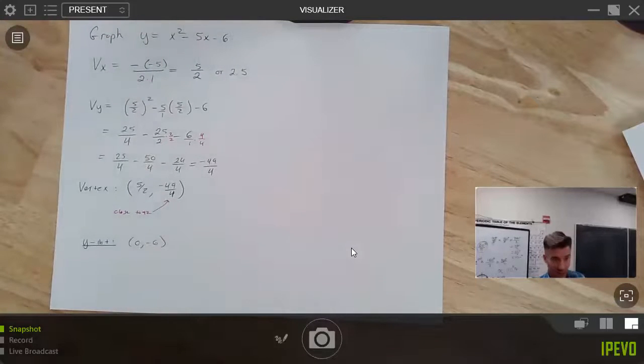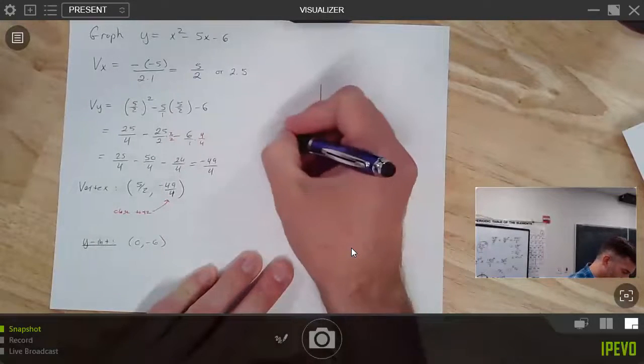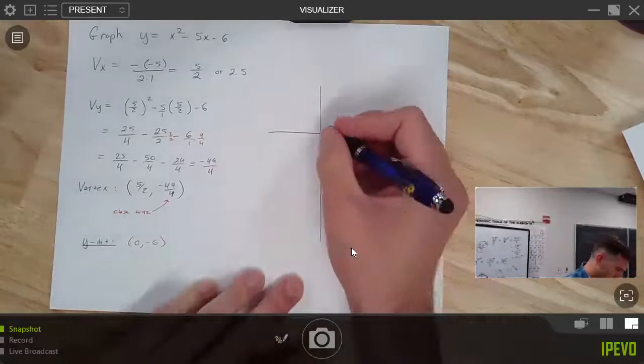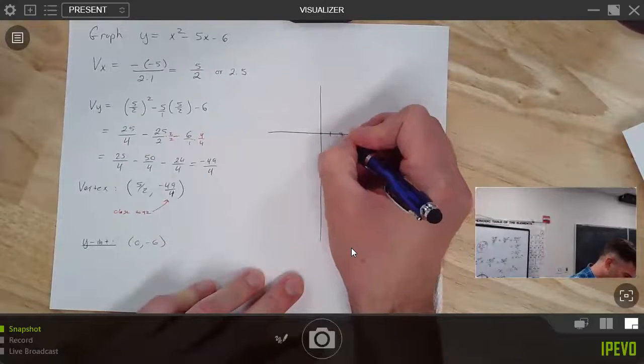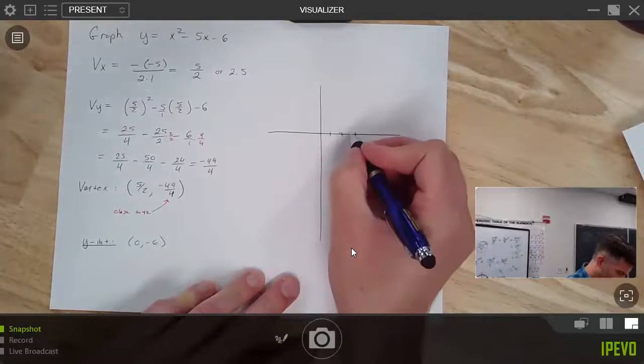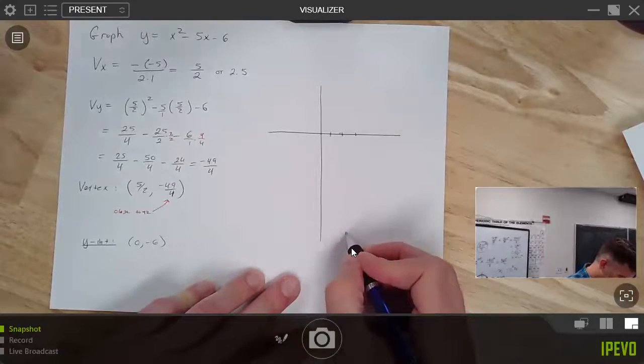Once again, if I'm graphing this, I don't want to start finding x-intercepts until I've determined that there actually are x-intercepts. So I'm going to try and plot some of this just to make sure I know what's going on. Here's my vertex at 5 halves, which is halfway between 2 and 3, and way down here.